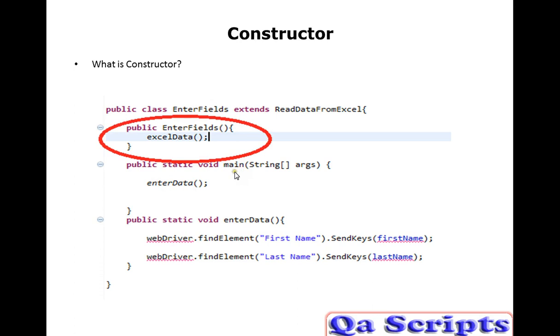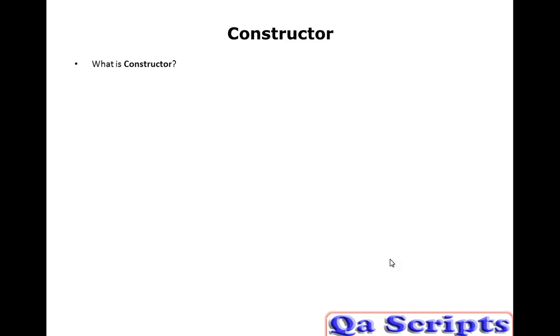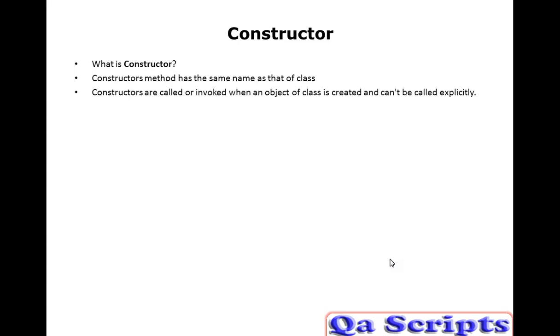The remaining piece of code is very simple. Here I have a main method. Inside the main method I am calling the enter data method. In the enter data method I have two lines of code to enter first name and last name in my application. So what is a constructor? A constructor is nothing but a method having the same name as the class.